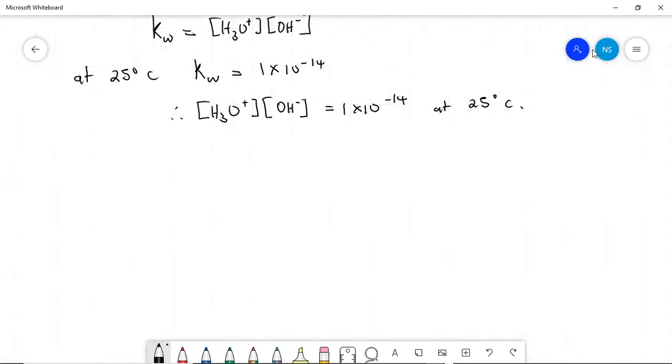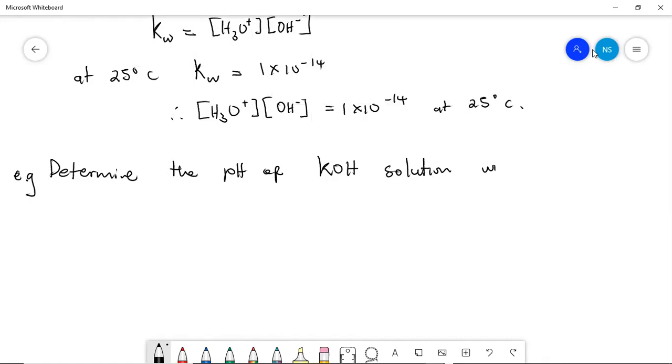For an example, let's say you are asked to determine the pH of KOH, this potassium hydroxide solution, with a concentration of 0.03 mole per dm cubed, right?